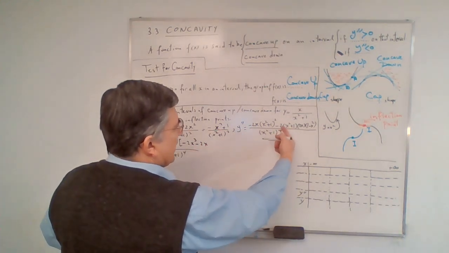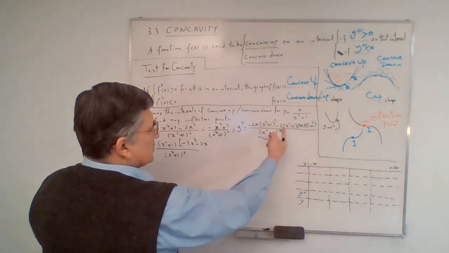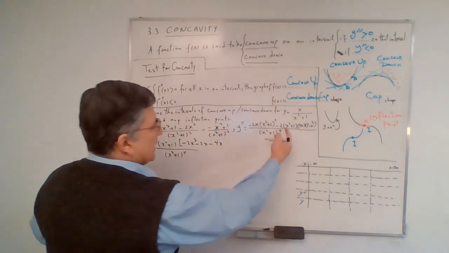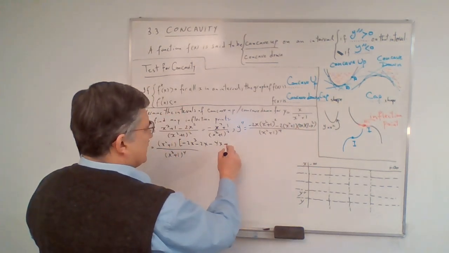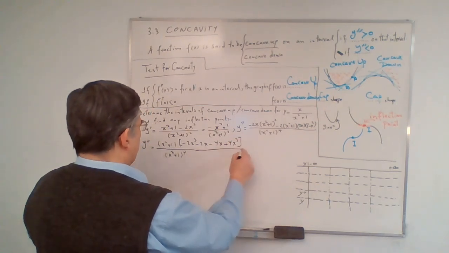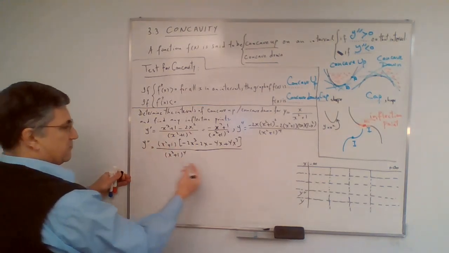And then I have negative 4x times 1 minus x squared. So negative 4x times 1 is just negative 4x. And negative 4x times negative x squared would be positive 4x cubed. All right. So I simplify one factor from the top and the bottom.